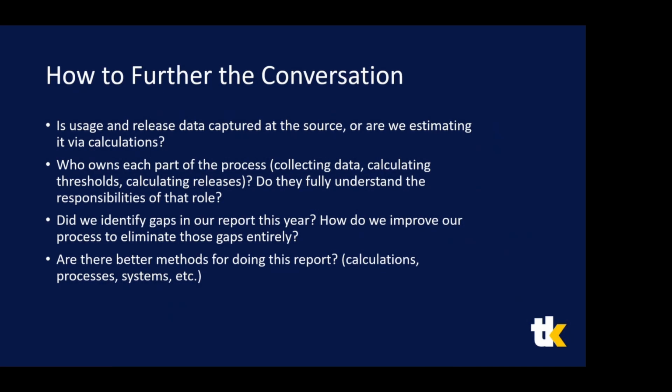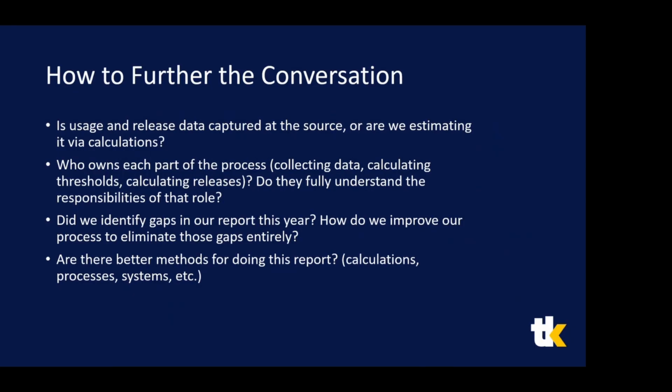If the person calculating releases doesn't know that they need to be checking with operations for any changed operations, you're going to have gaps in your release calculations. And so really establishing who's doing what, when things need to get done, and what each task fully represents is important to getting that final end goal completed.